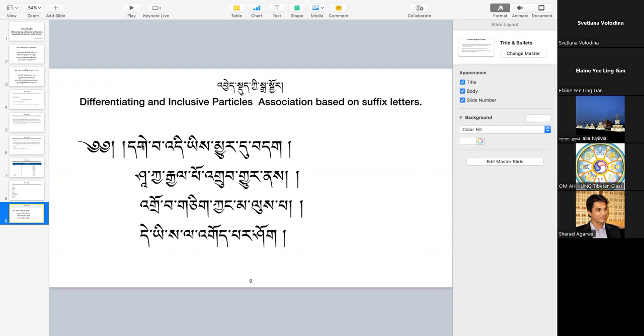So what this particular verse means is: by this merit, may all swiftly, or may I swiftly, be able to accomplish the state of the Buddha of the Shakya clan, that is Buddha Shakyamuni.